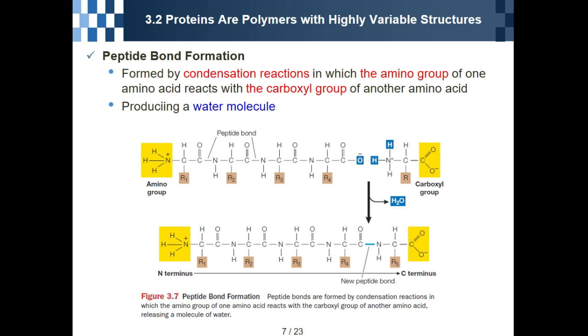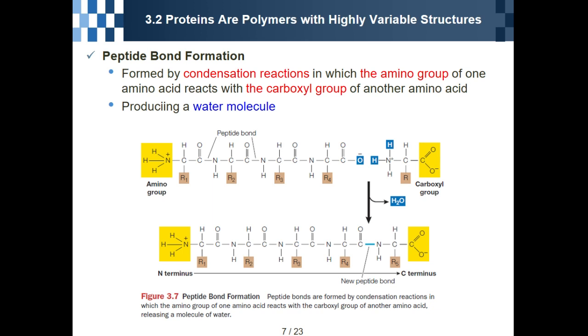It is formed by condensation between the carboxyl group and the amino group. After that, water is produced, and they make the peptide bond like this.